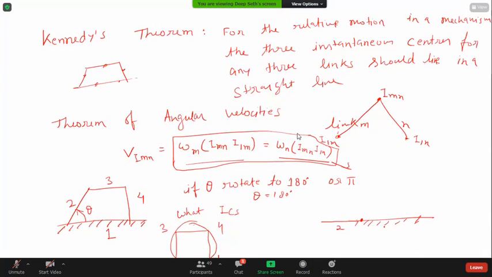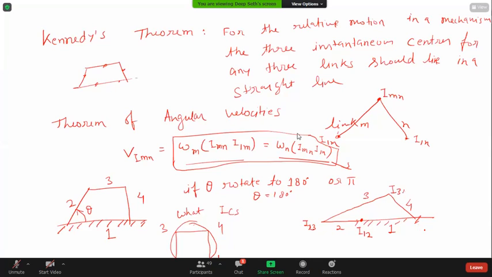This is your link 2, this was your link 1, here is your link 3, and here is your link 4. So like this your mechanism will look. For links 1, 2, you will have I12 over here. This is your I23, this is your I34.